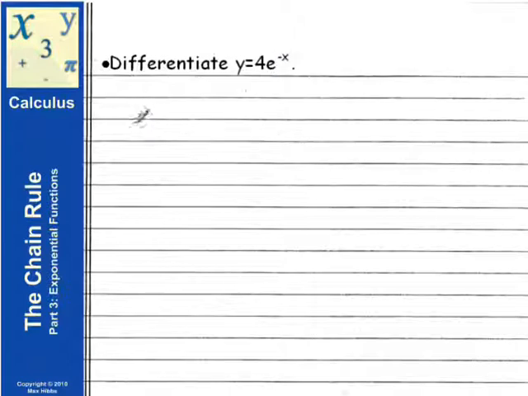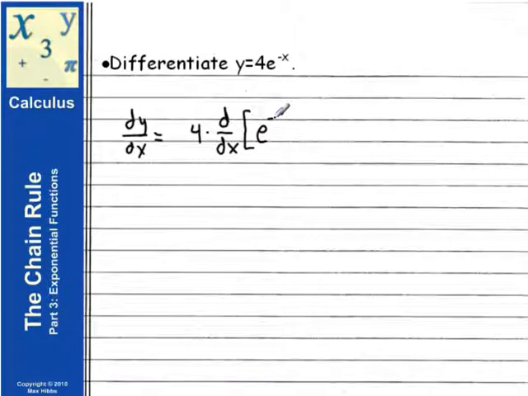And so when we go about finding the derivative of a constant times a function, that is, we're going to find dy dx, which is the constant times the derivative of the function. So the constant 4 times the derivative of e to the negative x.